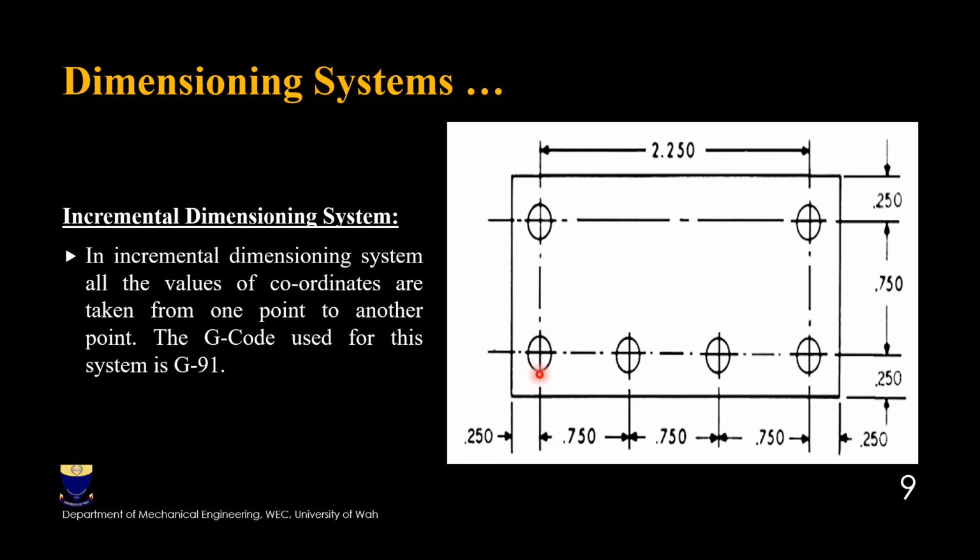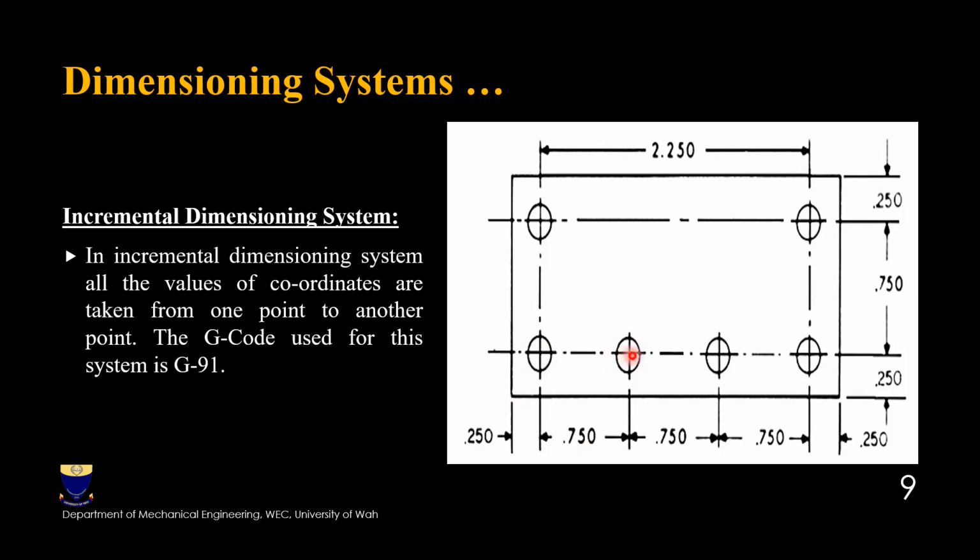We will discuss how a program is being made. First, we will study these two systems, which are absolute and incremental dimensioning systems. So the first point is taken with respect to this reference point as an increment, and after that you move from this point to this point, and the increment in the x direction is 0.75, but there is no increment in the y direction, so y will be zero.